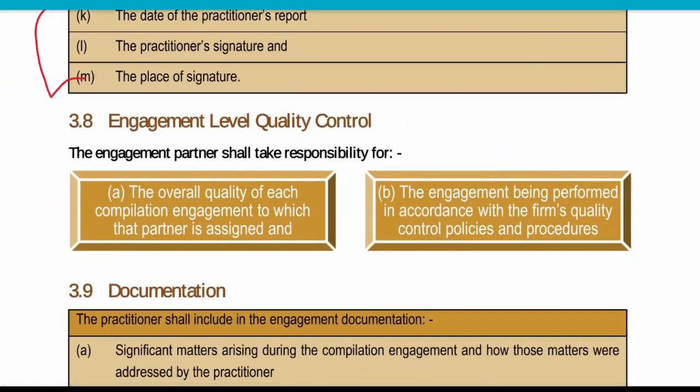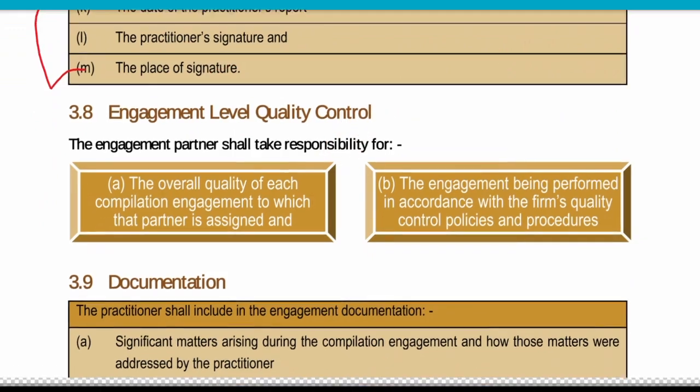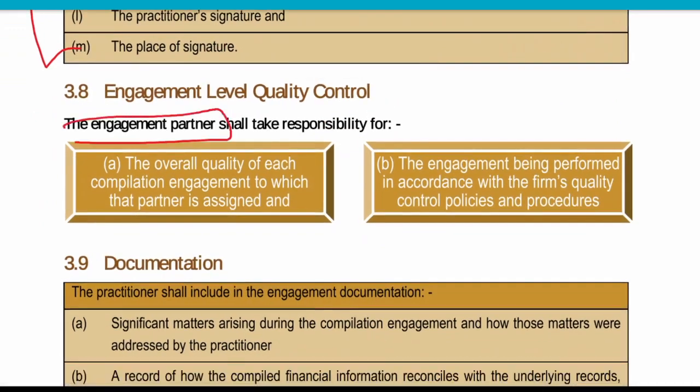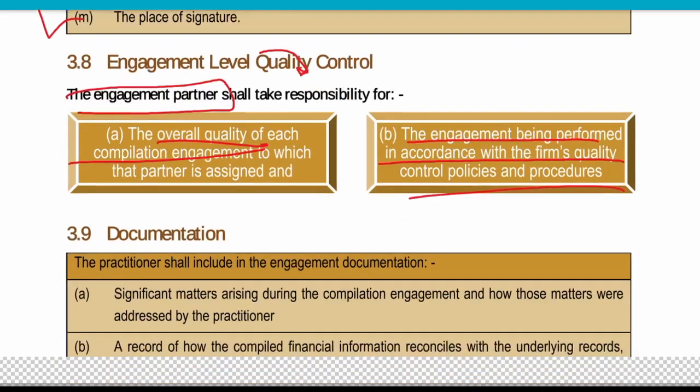Now you all know that engagement level quality control is applicable in this particular case. So the engagement partner needs to take responsibility of the overall quality of the compilation engagement and the engagement being performed in accordance with the quality control procedures.